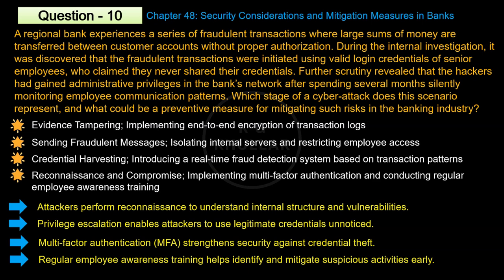Lastly, preventive measures such as multi-factor authentication make it more difficult for attackers to exploit stolen credentials. Additionally, regular awareness training can help employees identify and report suspicious activities early, thereby minimizing the risk of credential compromise. So, as far as this question goes, the correct option is option D.